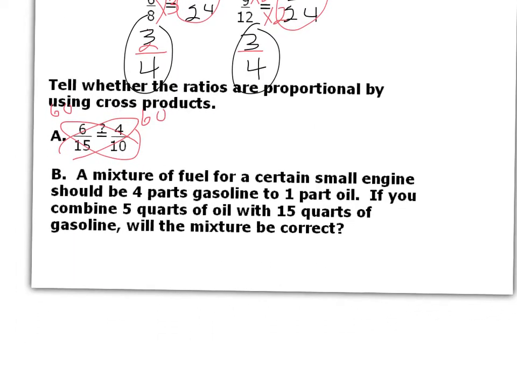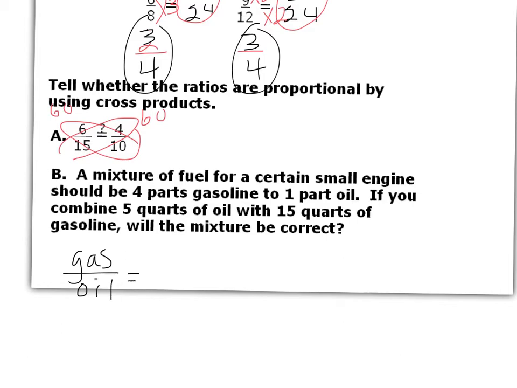All right, so now for the new thing. A mixture of fuel for a certain small engine should be 4 parts of gas to 1 part oil. If you combine 5 quarts of oil with 15 quarts of gas, will the mixture be correct? So I'm going to write down the words that I'm comparing. So we have gasoline to oil.